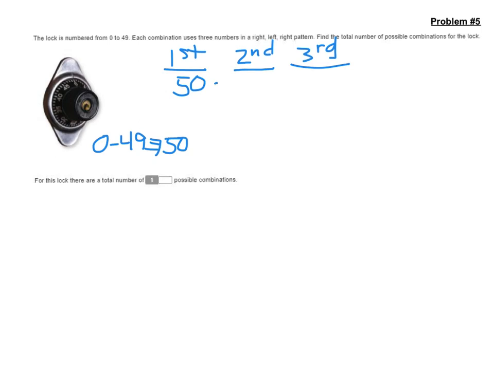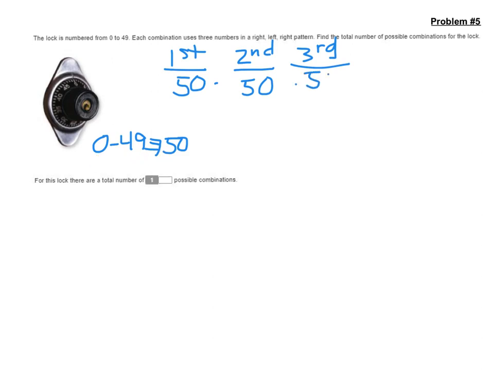Now, regardless of what you put on the first number, what's available for the second number? Again, the second number is available from 0 to 49, so there are 50 possible outcomes for the second number. Then the third number, same thing. The third number could be anywhere from 0 to 49, so there are another 50 possible outcomes.